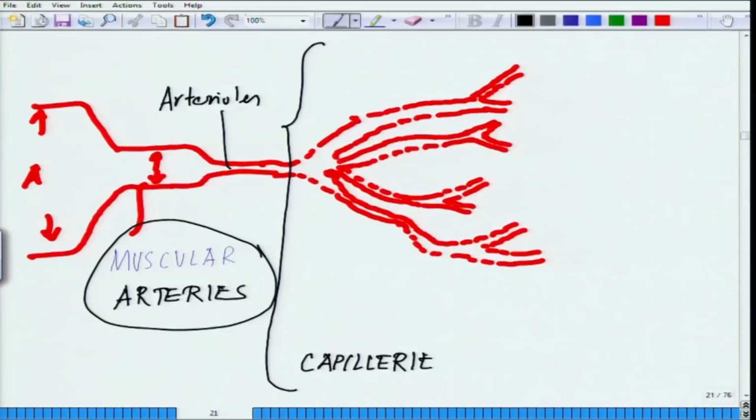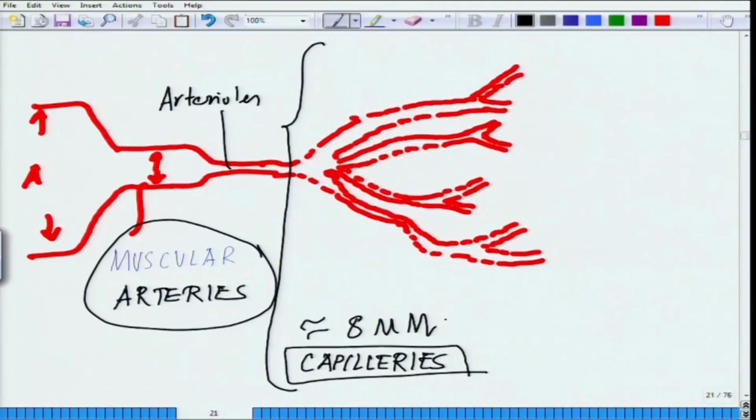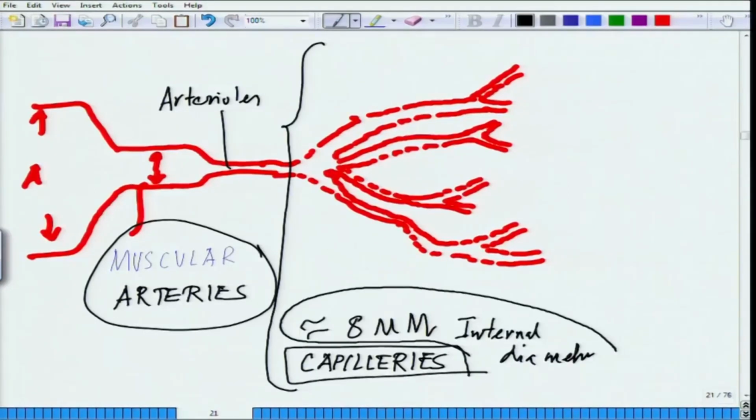Going by the dimension of the capillaries, capillaries have an extremely narrow cross section, and they are approximately 8 micrometer of internal diameter. An internal diameter of 8 micrometer means they are almost the same size as our RBC.